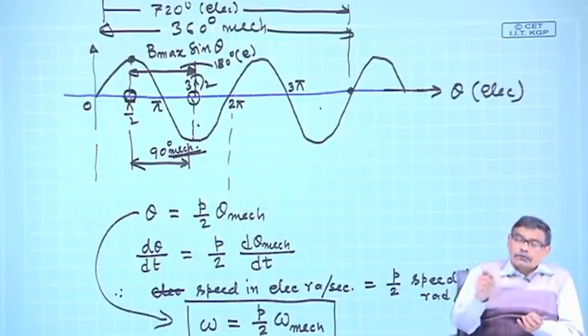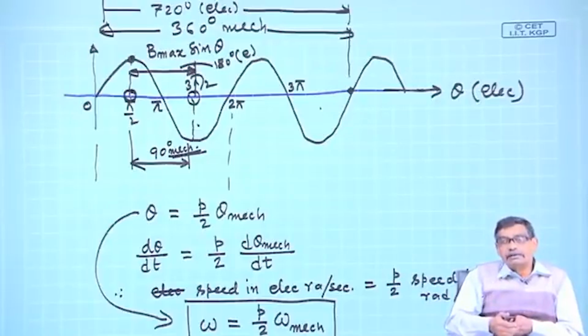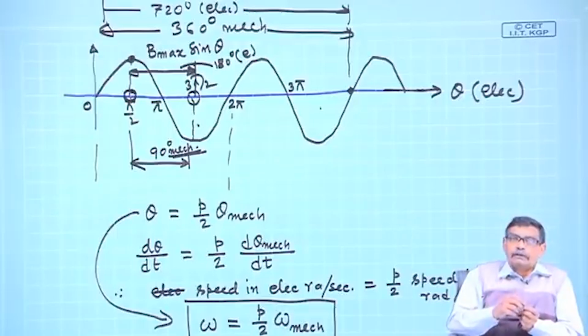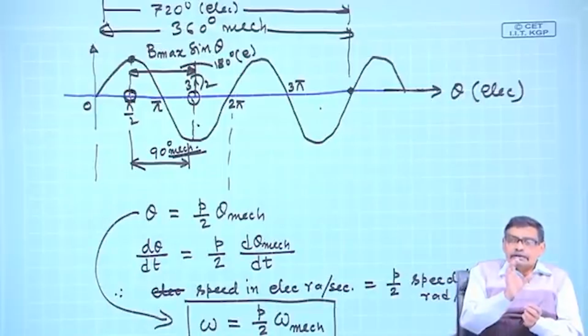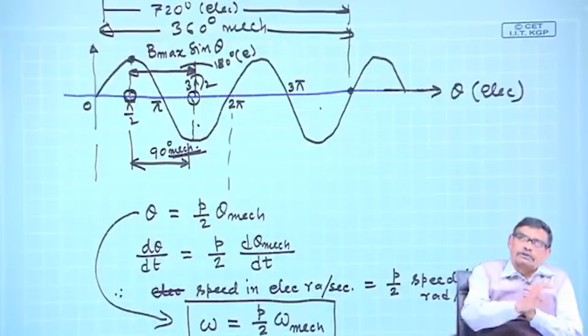Therefore, a conductor moving by 360 degree mechanical essentially means that you have moved the conductor electrically by 720 degree, and 2 cycles of EMF will be produced. If it is a 6 pole machine, then 1/6, that is 360 degree by 6 is 60 degree. 60 degree mechanical, first 60 degree mechanical say under south pole, next 60 will be under north pole, next 60 will be under south pole, north pole, south pole.